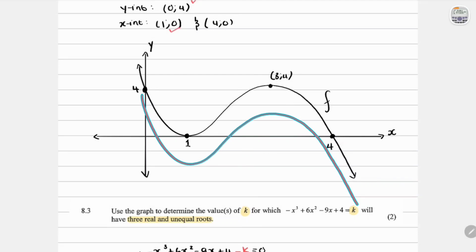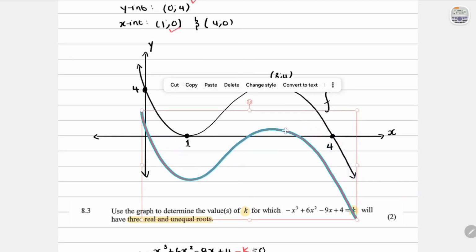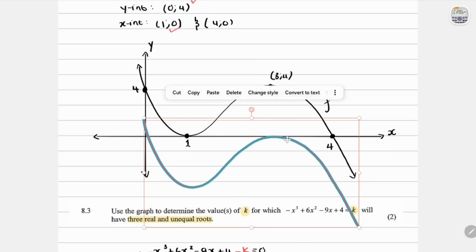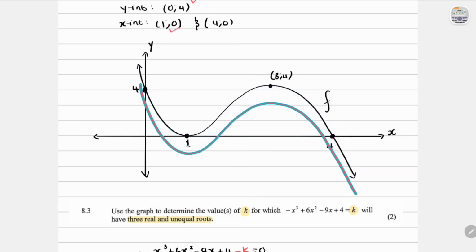It keeps having 3 x-intercepts until you move it to the point where the local maximum sits on the x-axis. And then what happens there is now you have 2 x-intercepts. So the good thing we know now is you just have to push it down anything more than 0 units. If you push it down 1 unit, it has 3 x-intercepts, 2 units, 3 x-intercepts.